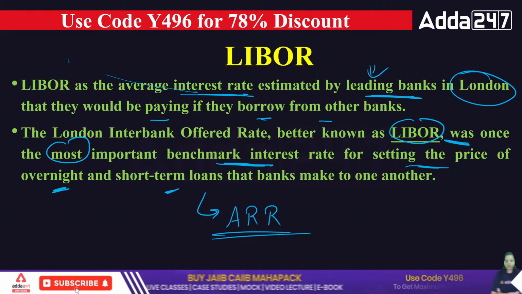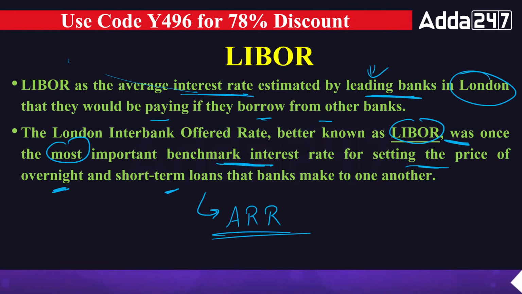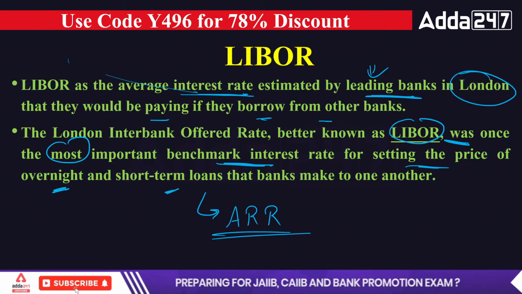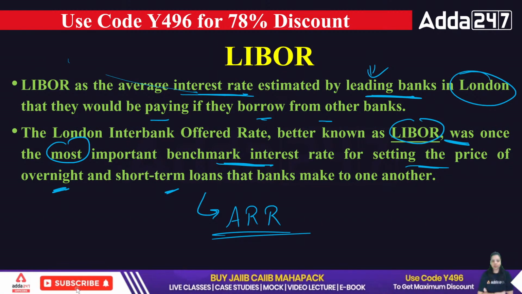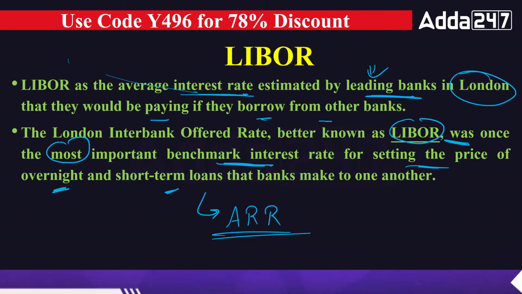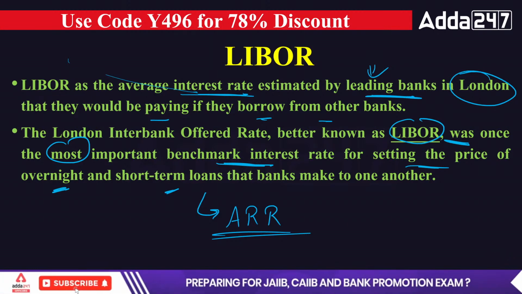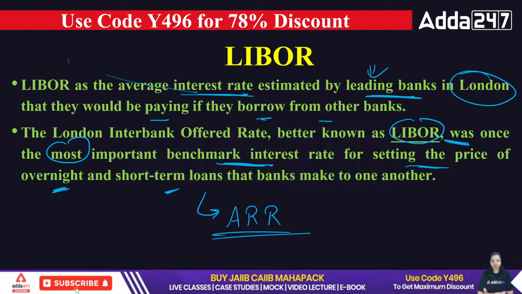So this misconduct was happening in the rate of interest discussion by the leading banks. That's why LIBOR has been replaced, and the inspection of LIBOR is still going on. Now it will be known as the alternate reference rate, which will be charged by the global banks with each other when they are providing loan facility to them.